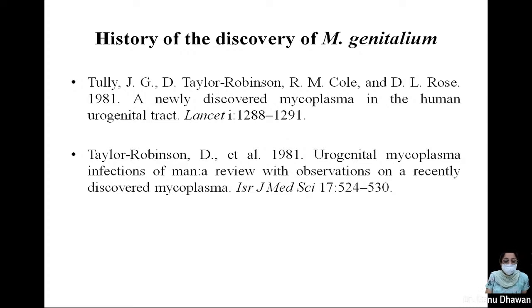As the title indicates, a newly discovered mycoplasma in the human urogenital tract. Simultaneously, another article, again by Dr. Taylor Robinson in 1981, Urogenital Mycoplasma Infections of Man, review with observations on a recently discovered mycoplasma. So, M. genitalium was discovered in 1981.